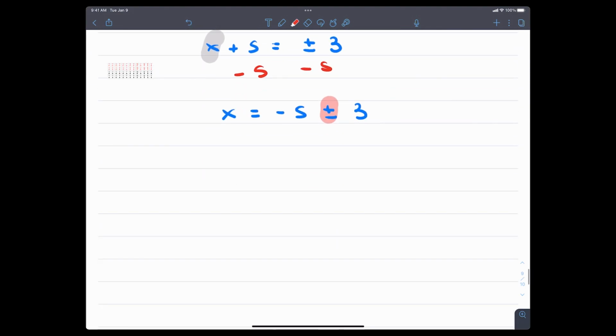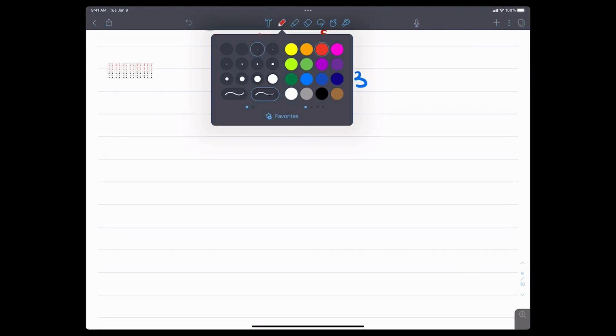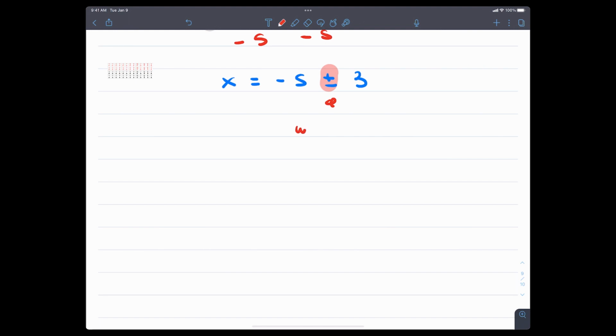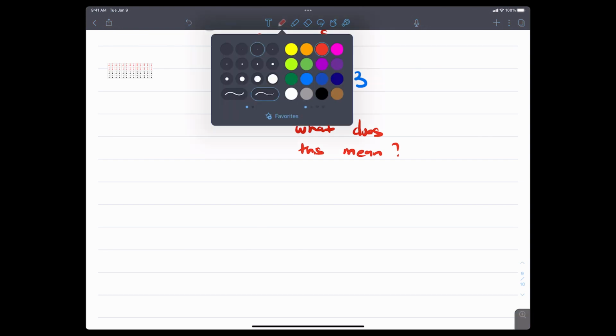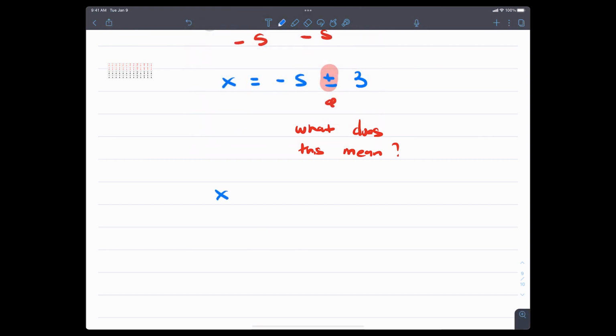Now, I want to really emphasize this because this is important. What does that mean? That means x is, in one case, -5 plus 3, and in the other case, -5 minus 3. Okay, you guys okay with that one?